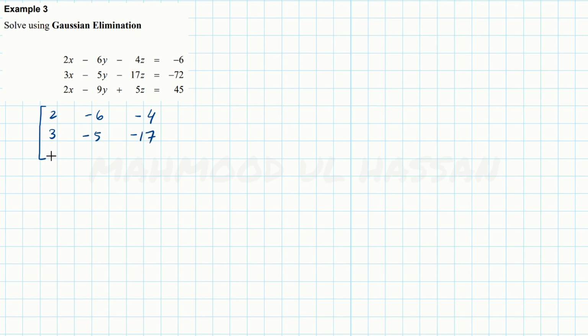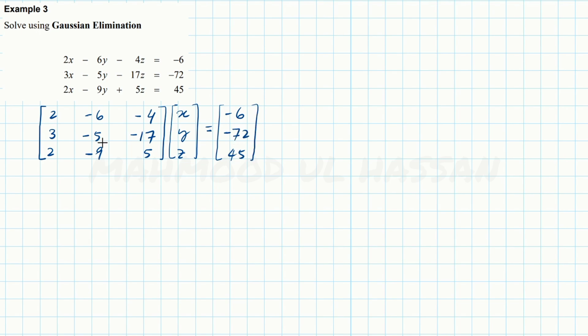In a similar way, the third equation has 2, -9, and 5. Next, we have to multiply with the variable column, that is x, y, and z, which is equal to the right side, which would become our constant matrix, that is -6, -72, and then 45.